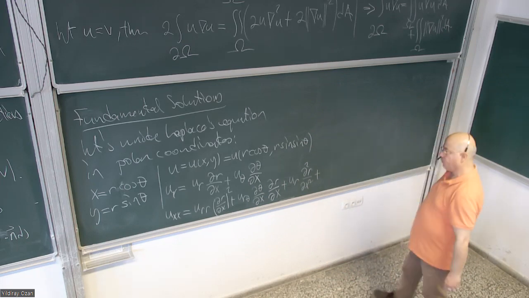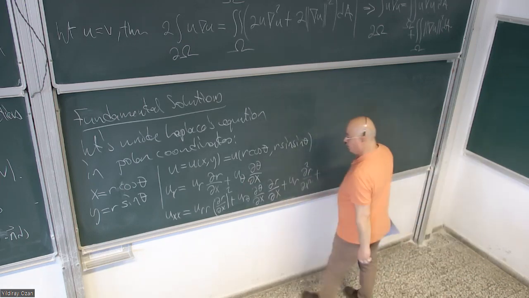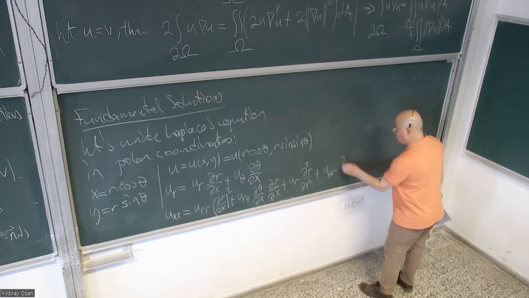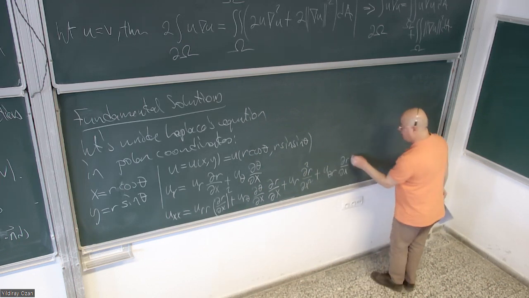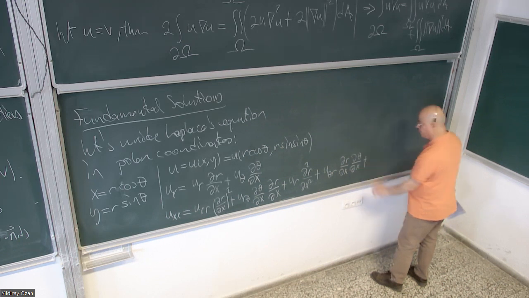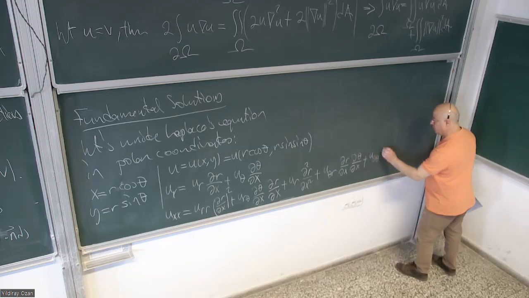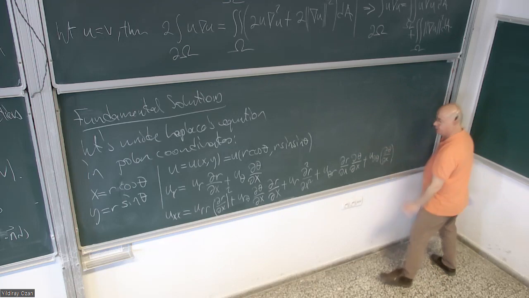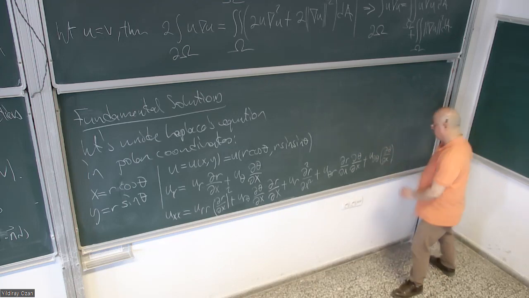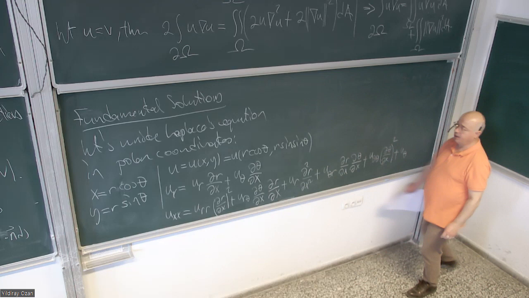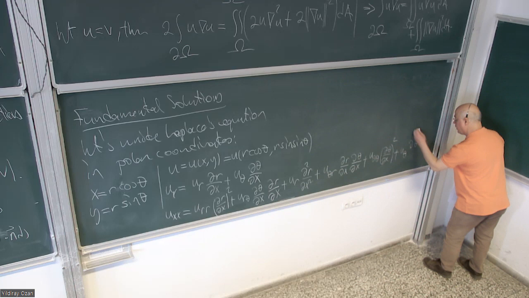Plus we have the same thing here. Derivative of this with respect to r and then derivative of r with respect to x, and I also have derivative of theta with respect to x, plus derivative of u theta with respect to theta, and then derivative of theta with respect to x, but I already have one such term over here, and then plus u sub theta and then derivative of this with respect to x, so del squared theta del x squared.